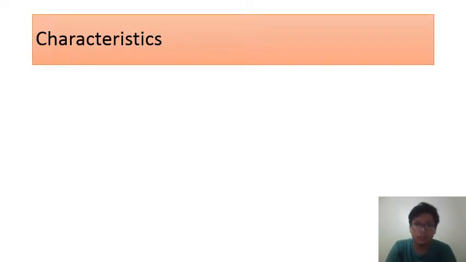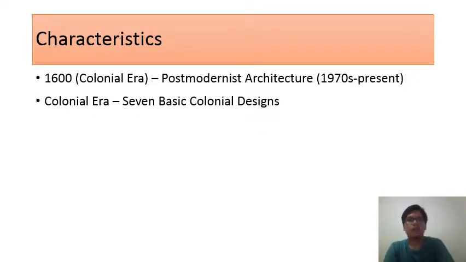Next is characteristics. Colonial architecture. The characteristics of colonial architecture include seven basic colonial designs, which include Spanish colonial architecture or Baroque architecture, English colonial architecture or English model architecture, Dutch colonial architecture or stone and brick designs, Swedish colonial architecture, American log cabin designs, Pennsylvania colonial, Georgian type style of architecture, French colonial architecture Quebec style, and Southern colonial architecture, brick-built structures with large chimneys.